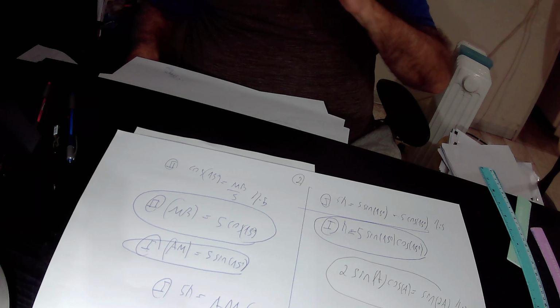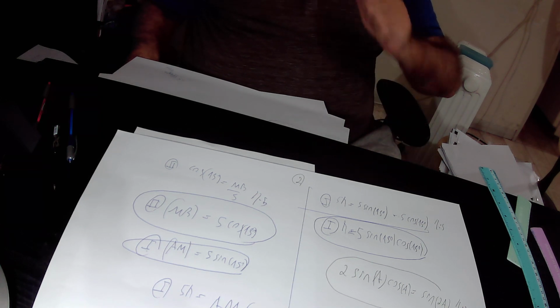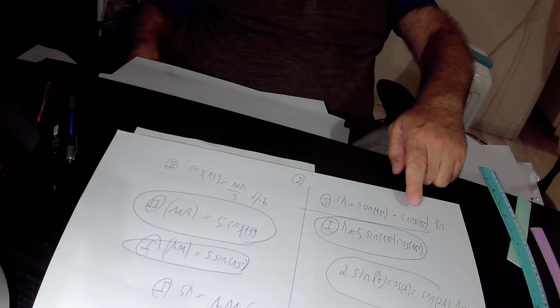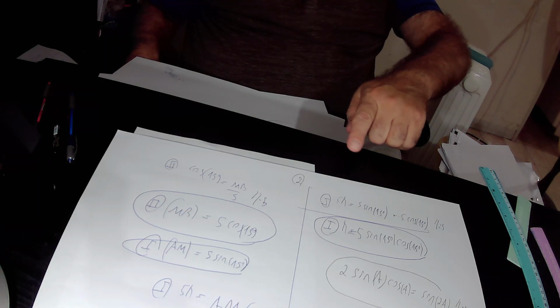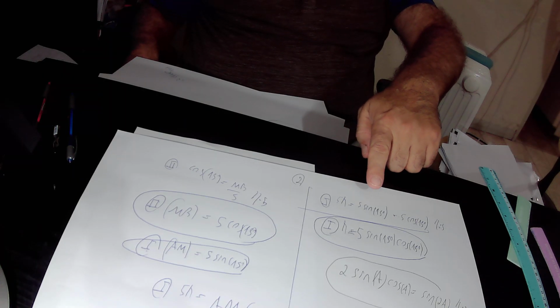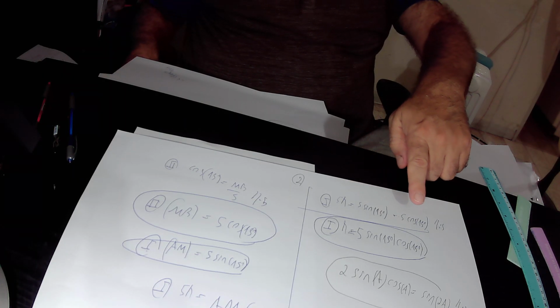After we divide this equation by 5, we find that H equals 5 times sine 15 degrees times cosine 15 degrees.